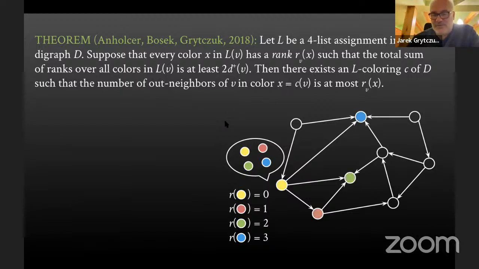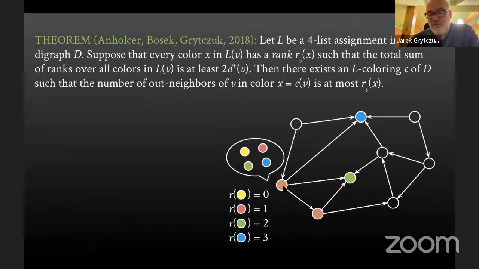For instance, suppose that our vertex with these ranks is yellow, then the rank of color yellow is 0. So this says that there can be no yellow vertex in the out neighborhood of this vertex.